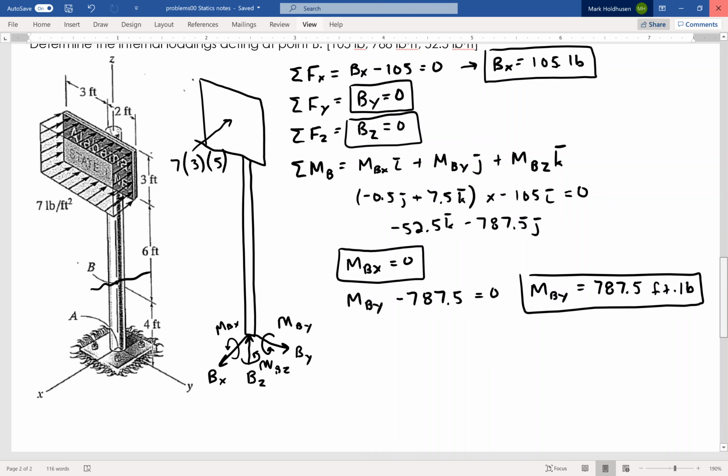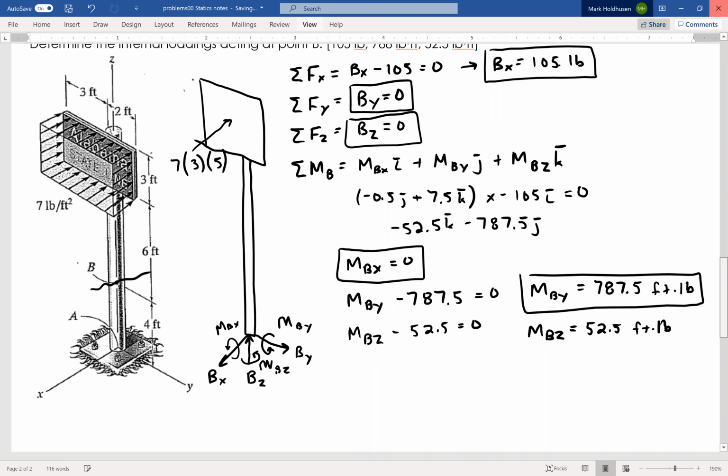Again, that is the bending moment about the y-axis, this thing trying to be pushed over by the wind. In the z direction, I have Mbz minus 52.5 equals 0. That tells me that Mbz then equals 52.5 foot-pounds.